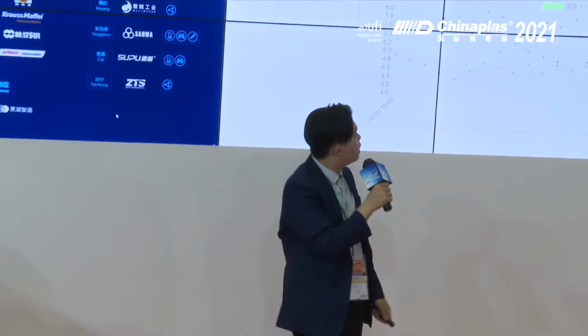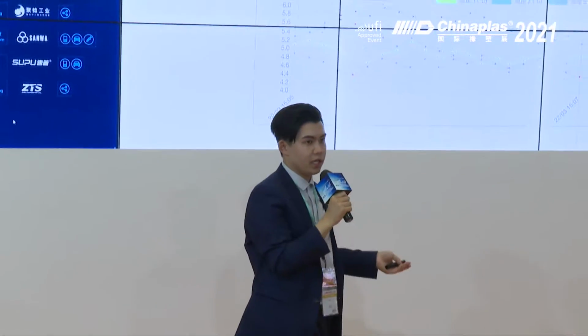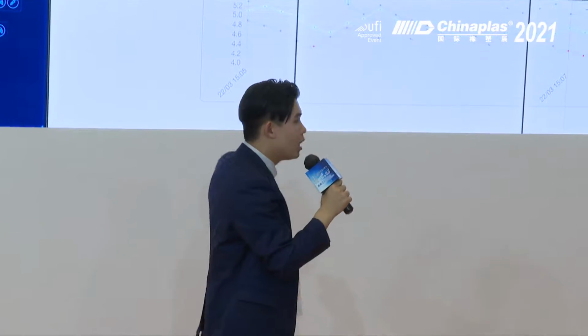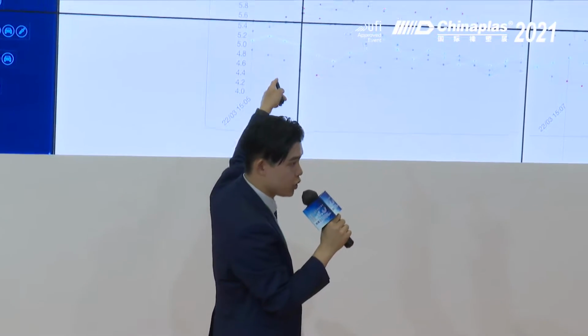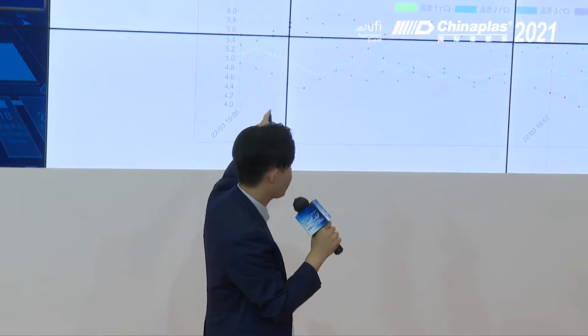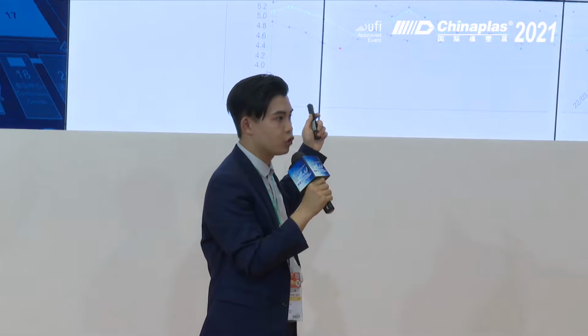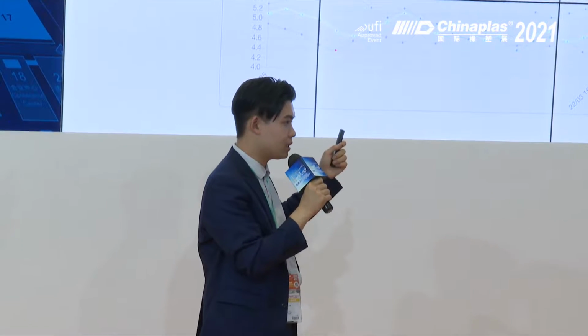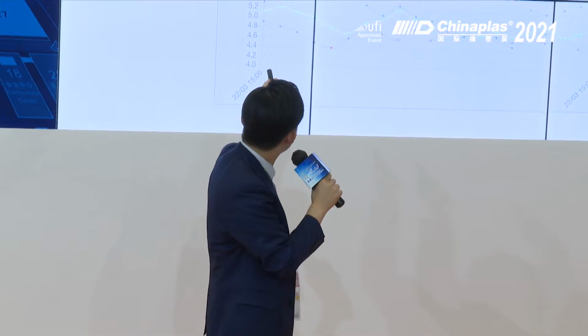So we can get more efficiency to control the temperature or the flow. This is how we use the big data to control the products and to make the factories more efficient.